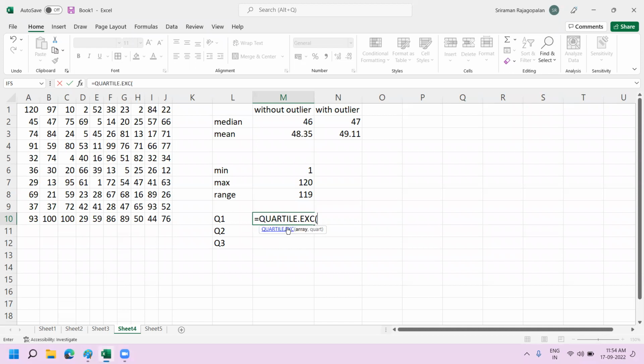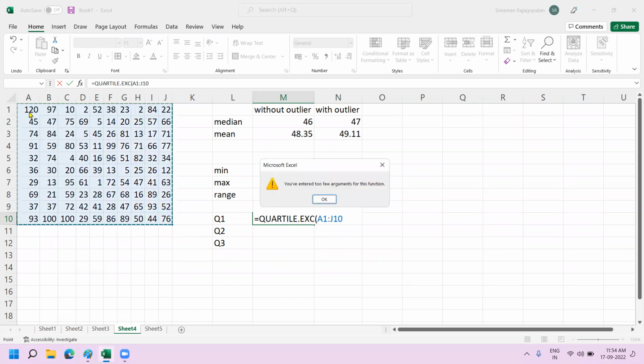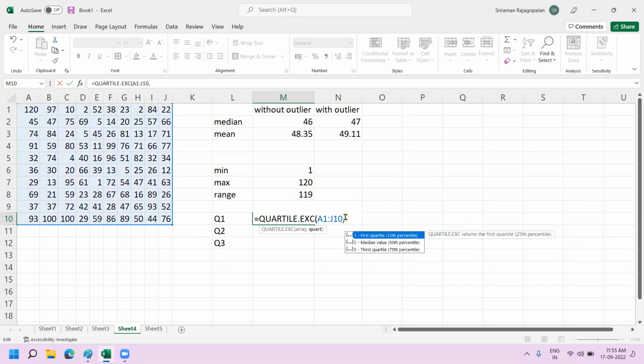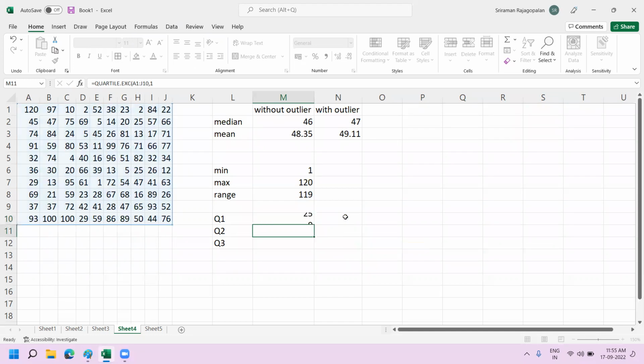We can use this exclusive function and then specify the data range and for which quartile I want. 1 is quartile 1, 2 is quartile 2, 3 is quartile 3. So I'll give 1 here. This is going to give me a number 25.